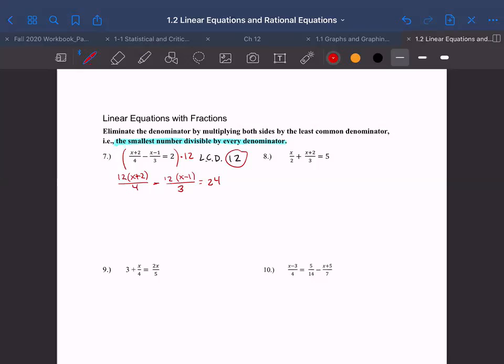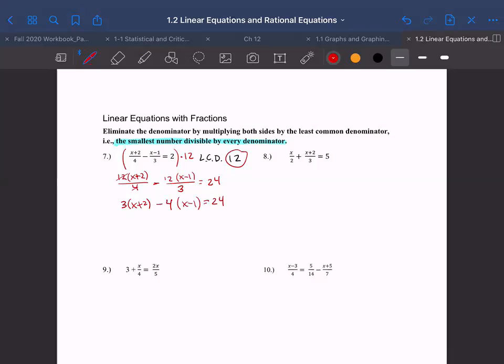At this point, I would go through and just start reducing. I have 12 divided by 4, so I would do that and get 3 times (x plus 2). Over here, I have negative 12 divided by 3. That's a minus 4 times (x minus 1) equals 24.